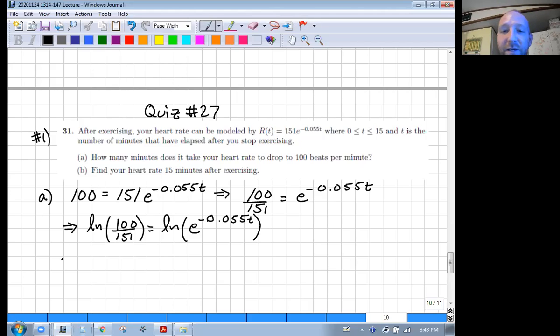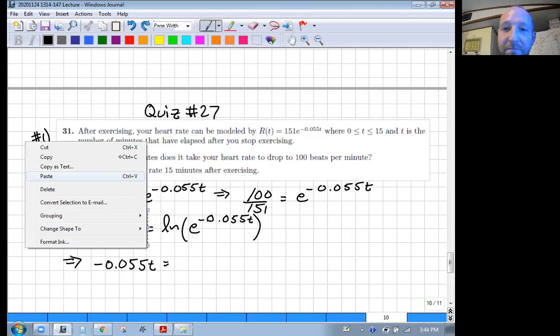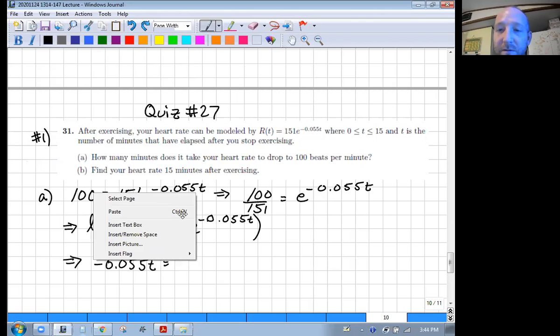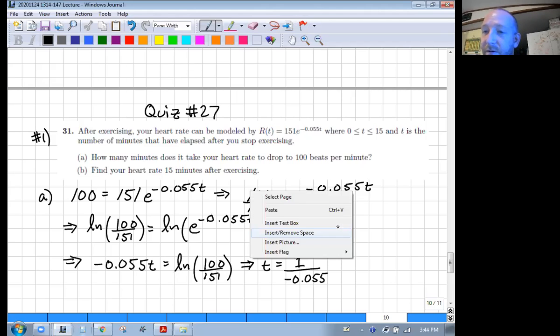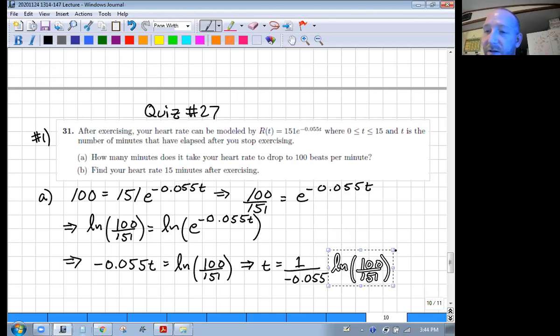All right, when we do that, the natural log and the e undo one another, and we're just left with negative 0.055t equal to this guy. So t is, divide both sides by this number, 1 over negative 0.055 times the natural log of this stuff.